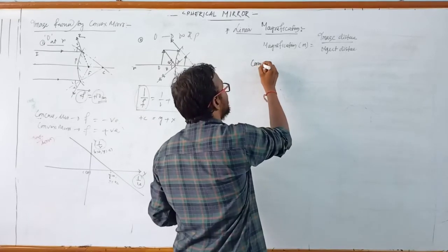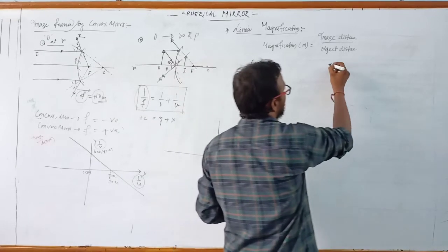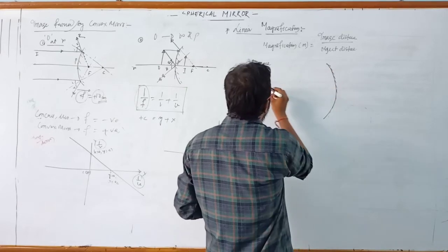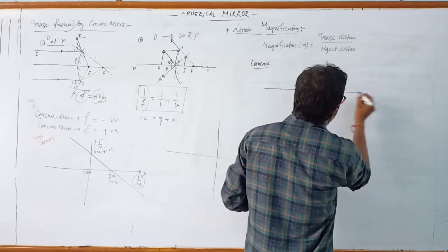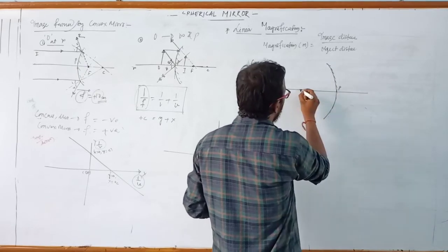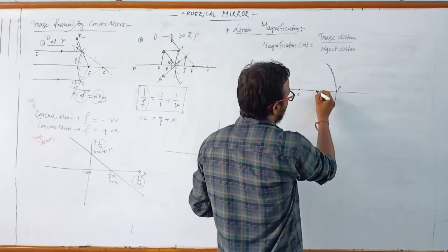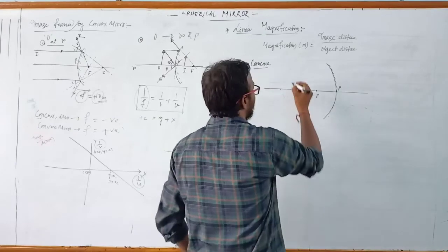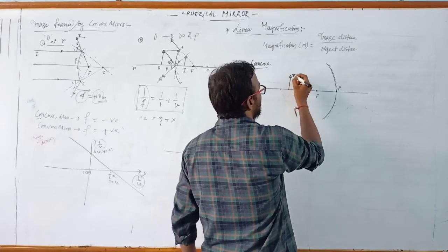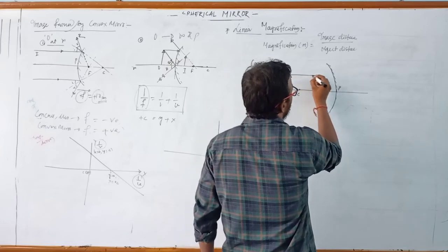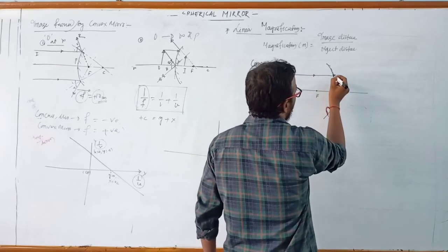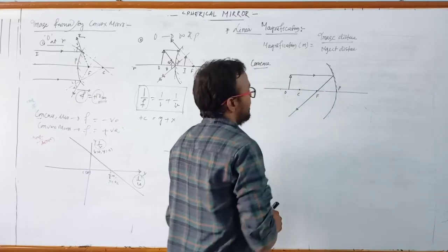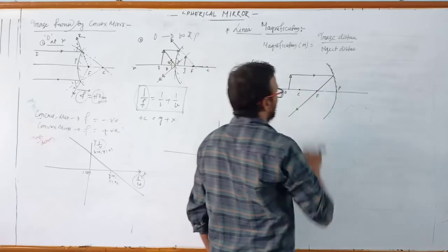Suppose we have a concave mirror. First we will discuss the concave mirror. This is the concave mirror, and this is the principal axis, and here this point is P, this point is C, and this point is A. Clear? Suppose there is an object which is beyond C, and this is the object, and suppose this other ray which is parallel to the principal axis, after striking the mirror, reflects and passes through the focus point.